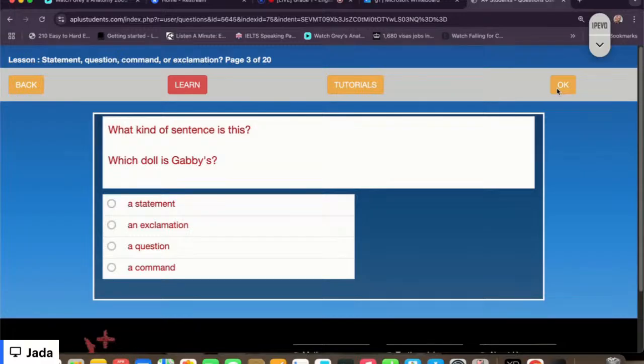So which doll is Gabby's? What kind of sentence is this? So this is a question.